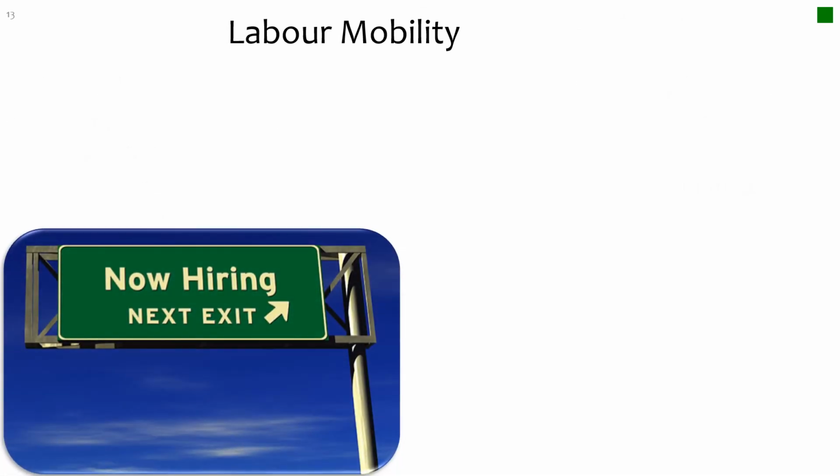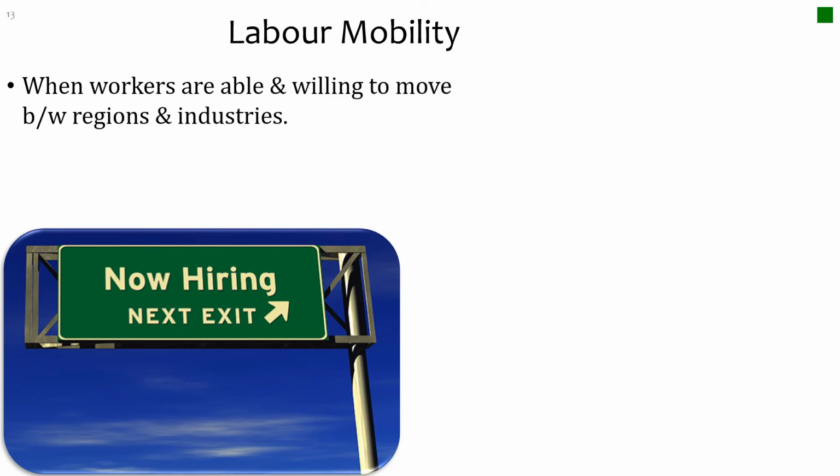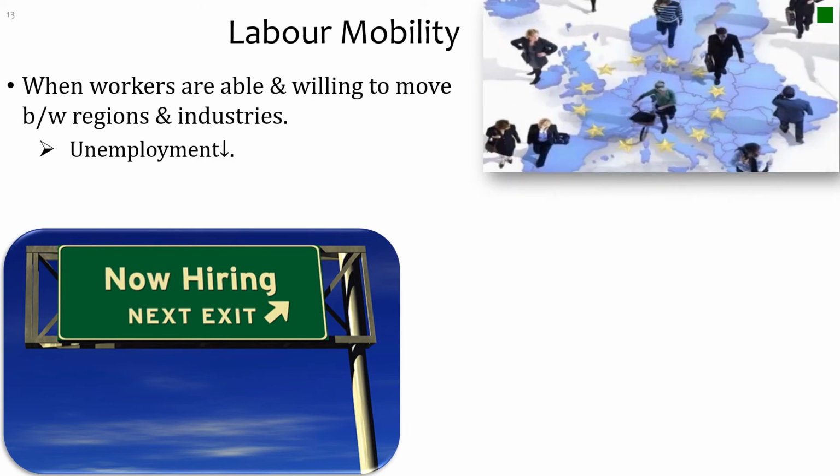A relevant concept here is labor mobility, and that is basically when workers are able and willing to move between regions and industries. That is going to result in a lower unemployment rate because they're going to be absorbed in other places sooner. So a good example of that would be the European Union, which removed a lot of barriers to traveling and working in other countries.